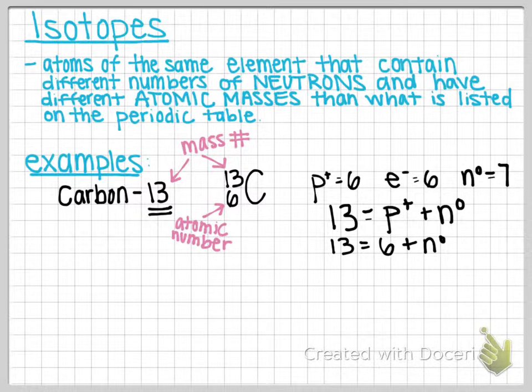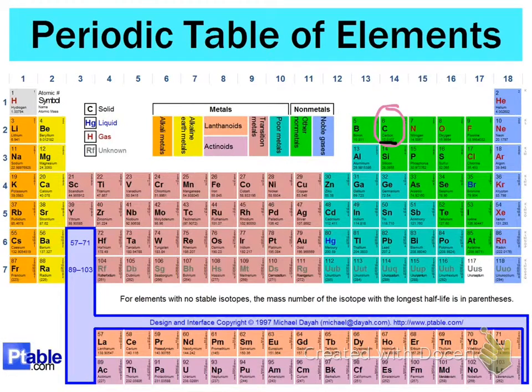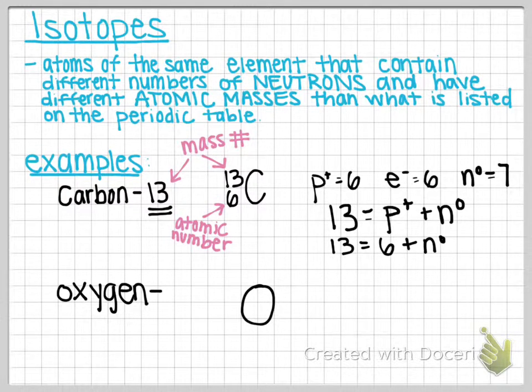If I had an isotope of oxygen, and let's say I didn't know the mass. But I know that oxygen, if we look on the periodic table, has an atomic number of 8. So 8 is going to go on the bottom.